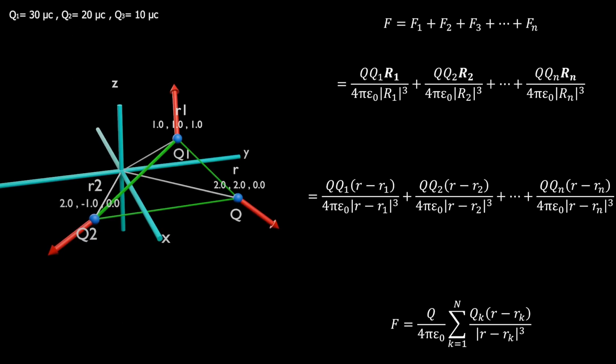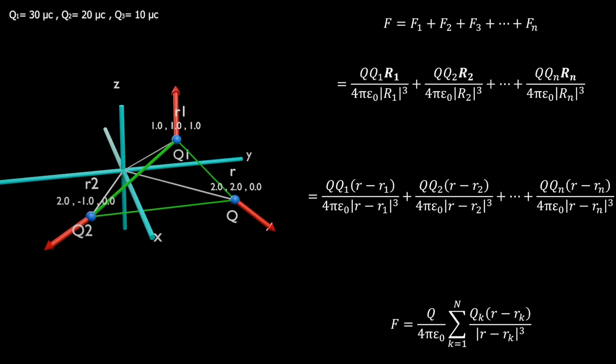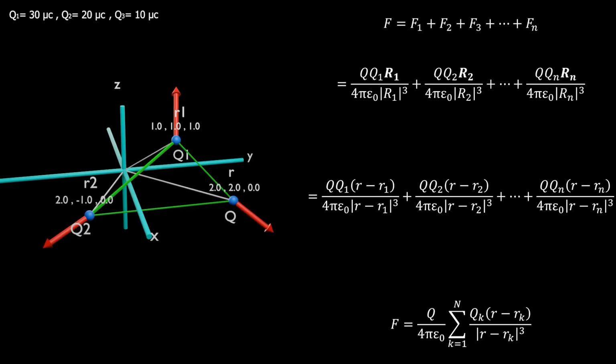To do this, we need to find the force from all charges separately using Coulomb's law and add them together. This gives us F equals F1 plus F2 up to Fn.